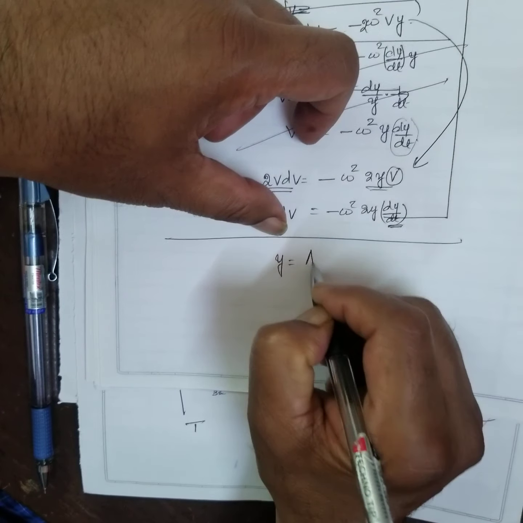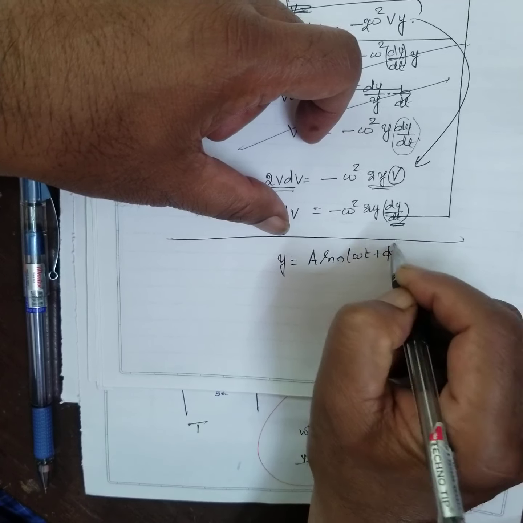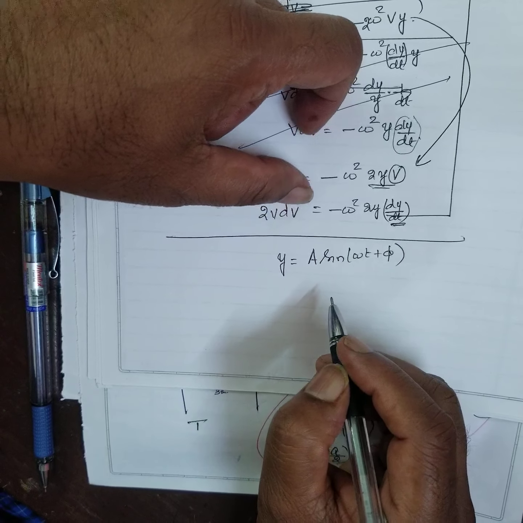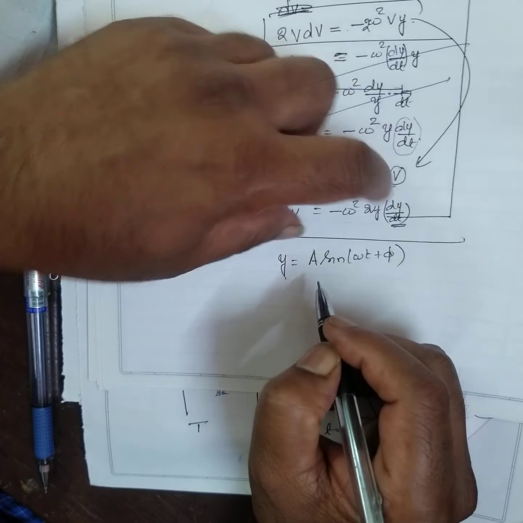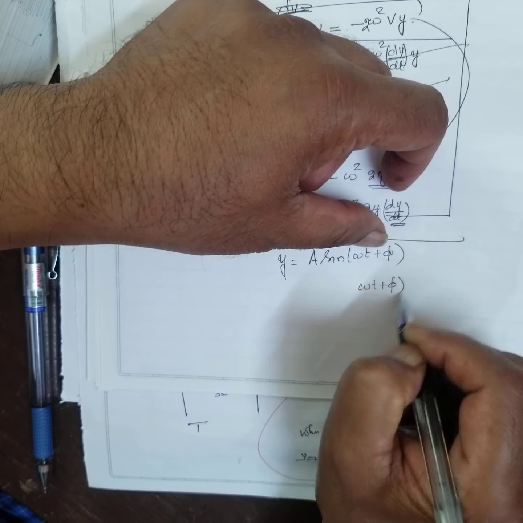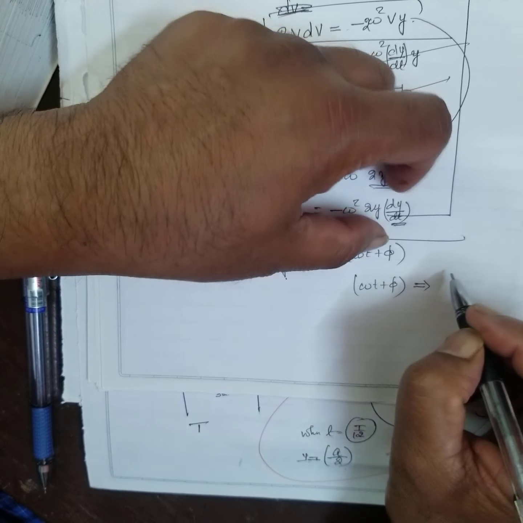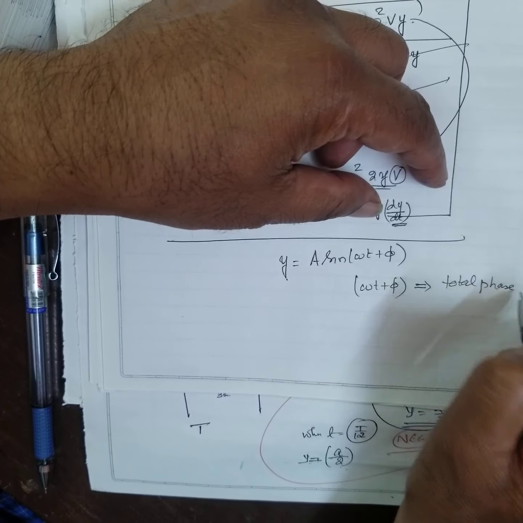y is equal to a sine omega t plus phi. This is the displacement of the particle at any instant. Then omega t plus phi is equal to the total phase.